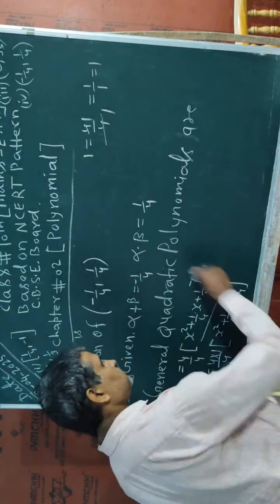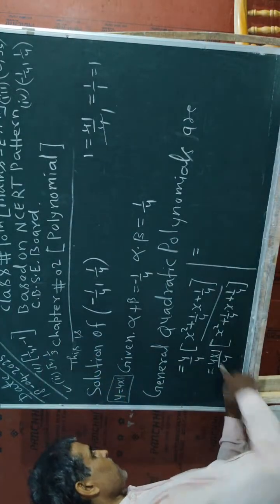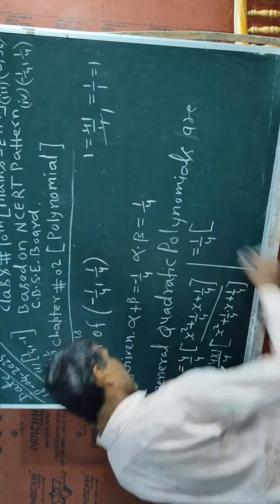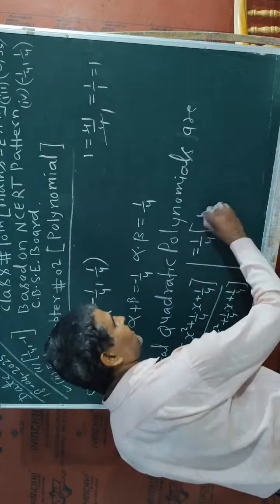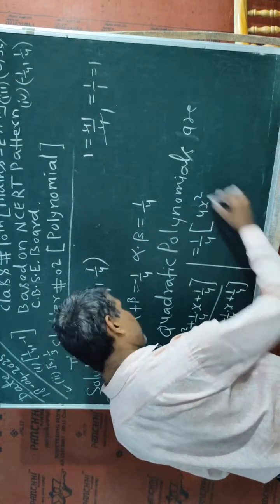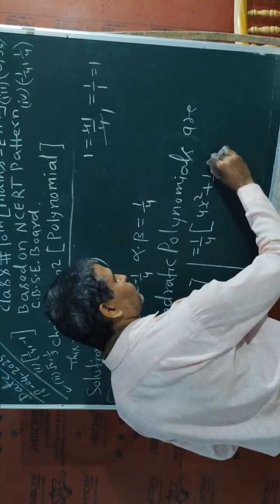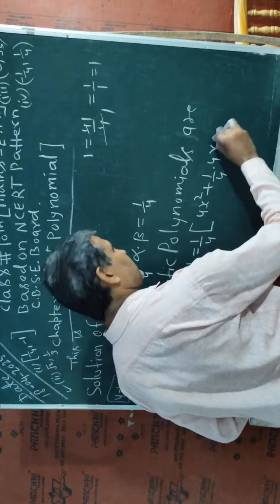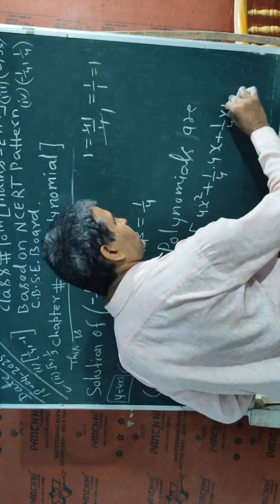Here I will write 1 by 4 outside the bracket, and this 4 I will multiply with this term, that will be 4x square, plus 1 by 4 into 4, and here 4x is available, I will put x, and plus 1 divided by 4, and here I will multiply with 4.